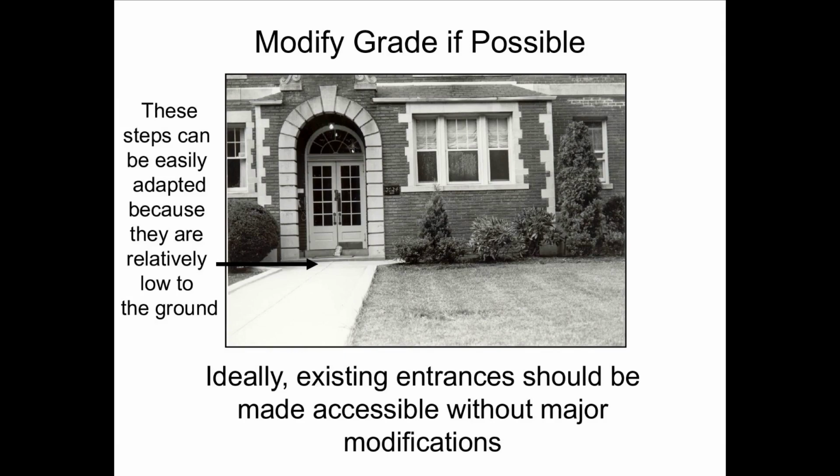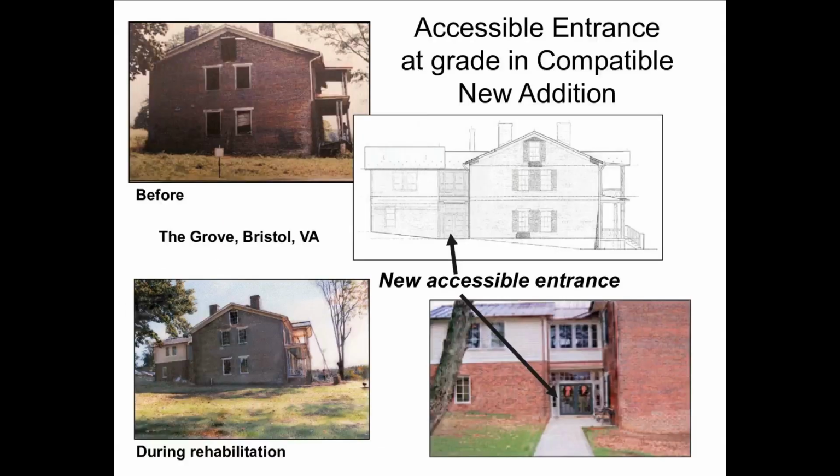Ideally, existing entrances should be made accessible without major modifications. In an instance where this is not achievable, an accessible entrance at grade is compatible in a new addition.